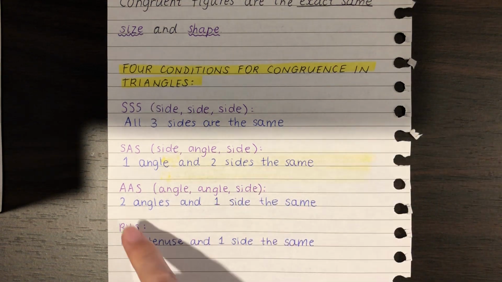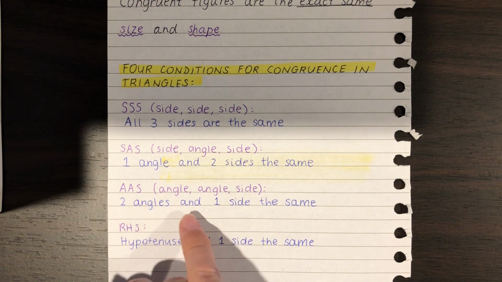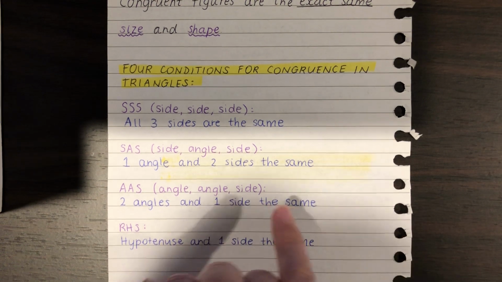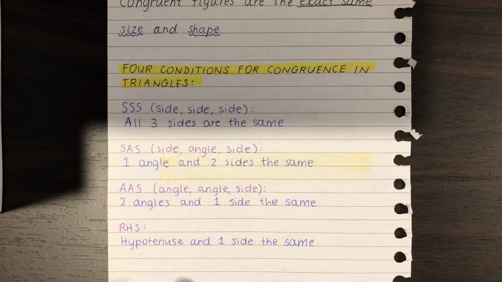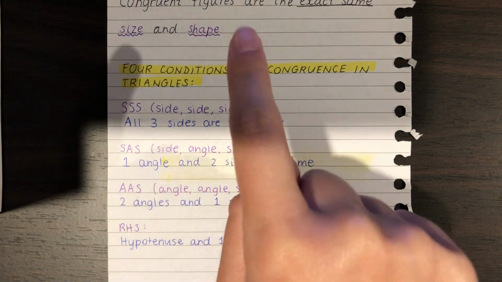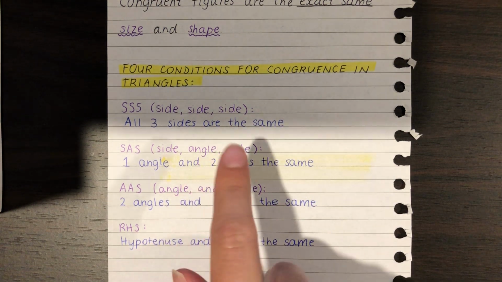The third one, AAS, angle, angle, side. 2 angles are the same and 1 side is the same between 2 triangles. And then we have RHS, which basically means you're looking for a right-angled triangle, so a right angle with a little square in the corner.